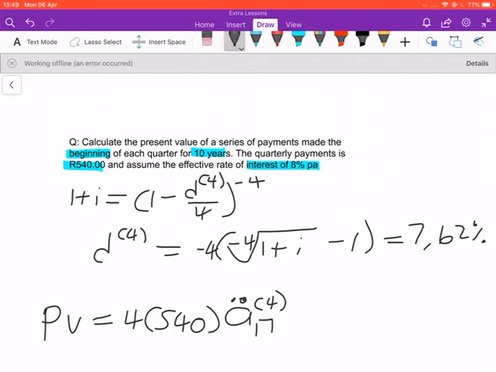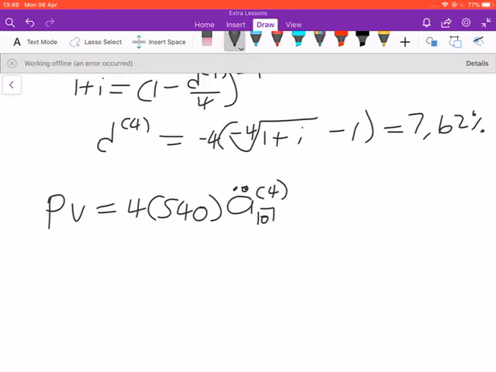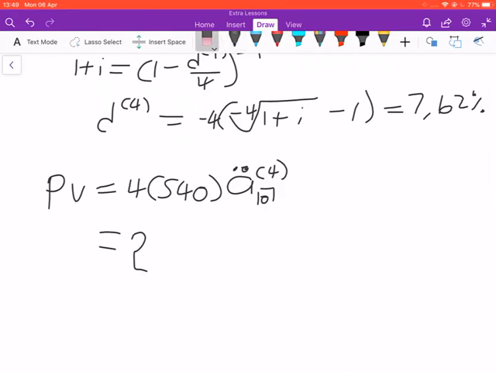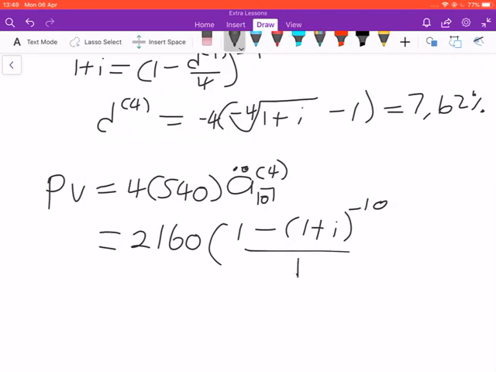For a period of 10 years. So you'll have 4 times 540, which is 2,160 per year, and then you will have 1 minus (1 plus i), that's 8%, to the power minus 10, all over d(4).